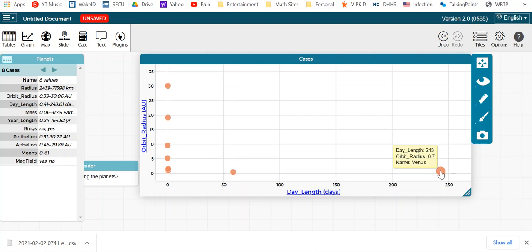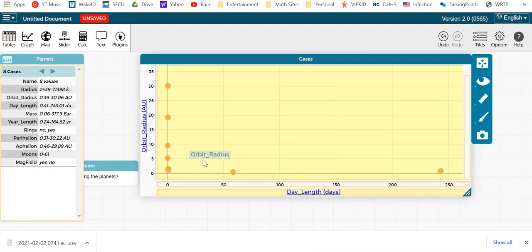Well, that's interesting. The 2 planets that are closer to the sun take longer to rotate. Now, this is the length of their day. Whereas everybody else has a day length of 1 day or less. But again, we're having problems playing with that. So let's do something else.